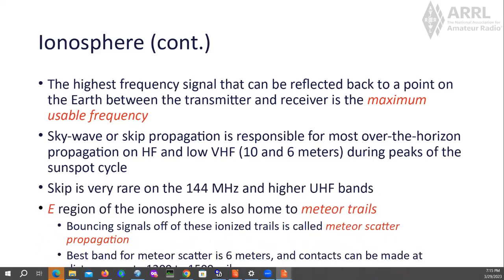E regions of the ionosphere is also home to meteor trails. Bouncing signals off of these ionized trails is called meteor scatter propagation. The best band for meteor scatter is 6 meters, and contacts can be made at distances up to 1,200 to 1,500 miles.